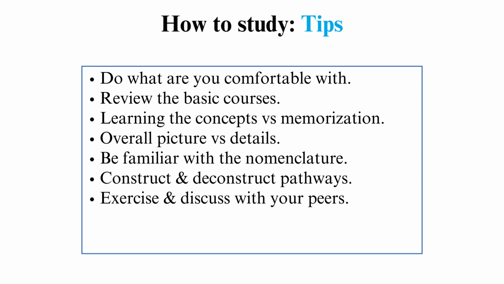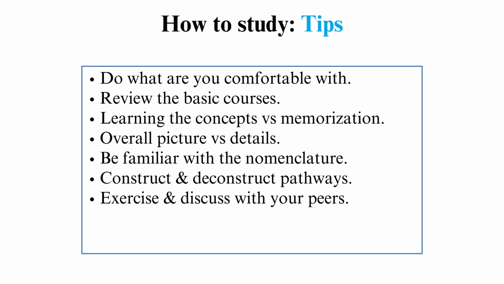In metabolism, we are going to learn concepts. We do have memorization to do. However, when you approach the subject in the form of concepts, it will make memorizing easier. Look at the overall picture and then proceed to details. Be familiar with the nomenclature. It makes a big difference. For example, a long name like glycogenolysis: from the name, you can know what the pathway is, what happens, and so on.